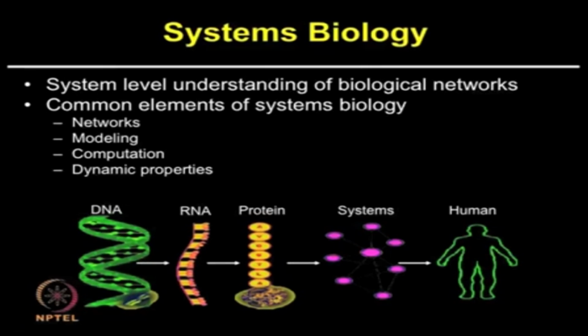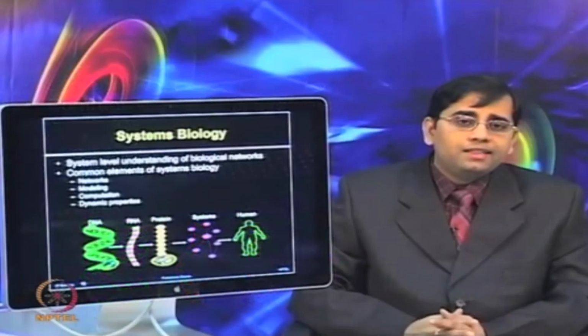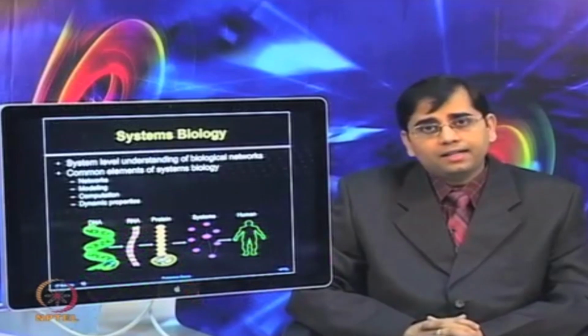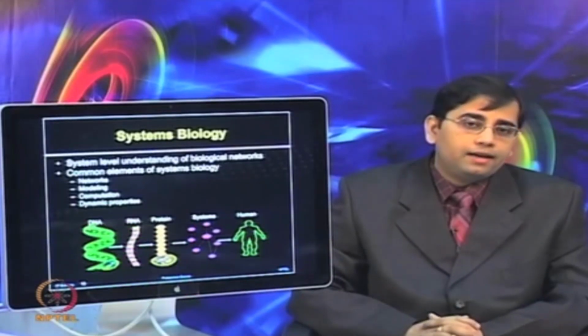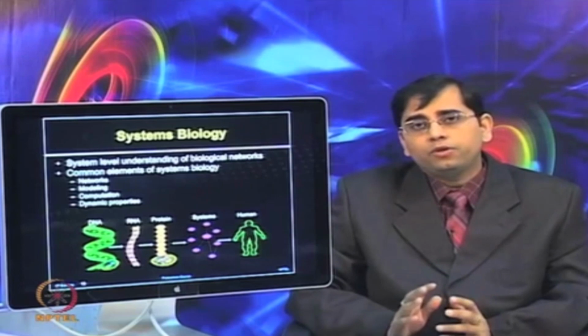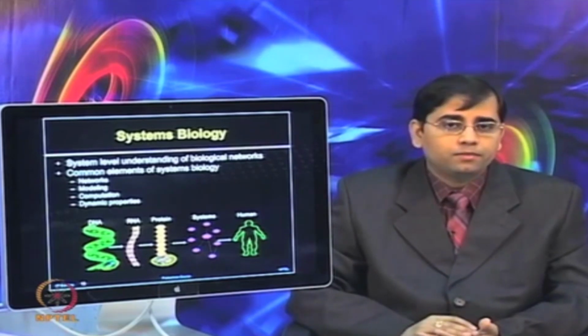The biological information is represented by the networks of interacting elements and dynamic responses to the perturbations. These networks provide insights which cannot be analyzed from the isolated components of the system.